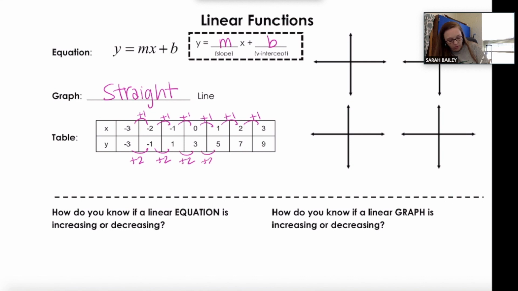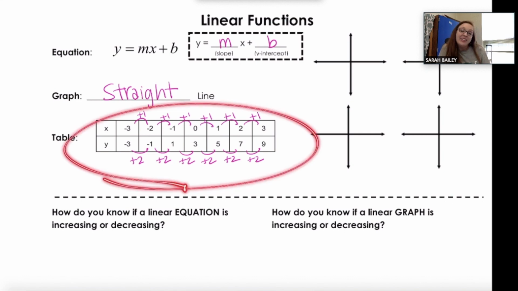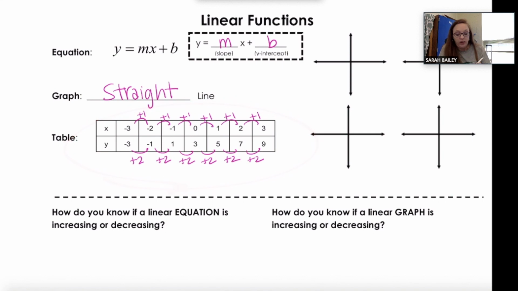So the constant rate of change is going to be 2 over 1, 2 over 1, 2 over 1. So think about the slope between any 2 points. It's going to be the same. If this table was not exhibiting a linear relationship, then I would not have a constant rate of change.